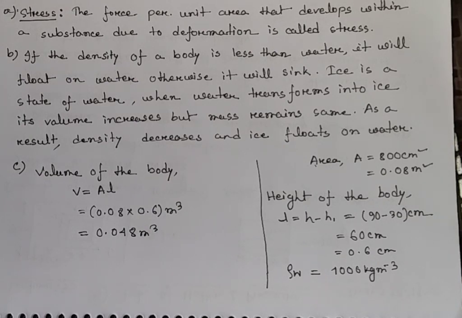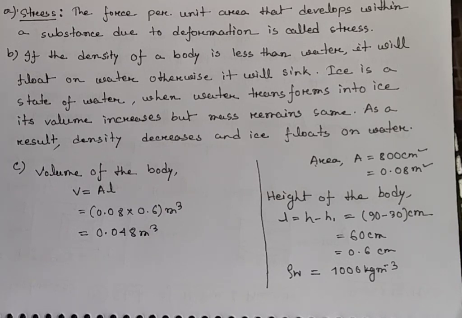For determining buoyancy, as we know, the upward force or buoyancy of an object equals the weight of the water displaced by that object. So we have to determine the weight of water displaced by object ABCD, and our equation is V rho g, where V is the volume of the object, rho is the density of the medium, and g is acceleration due to gravity.